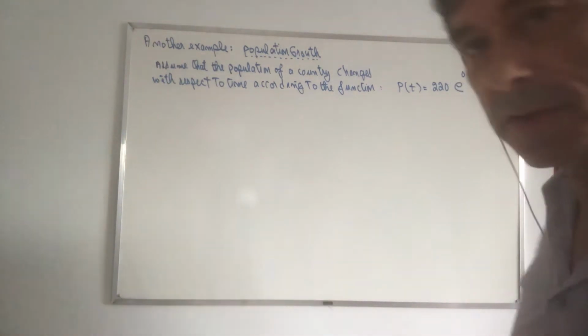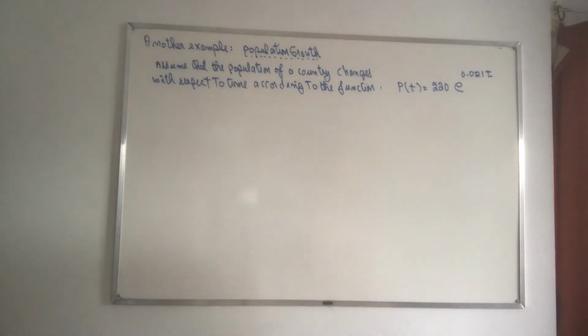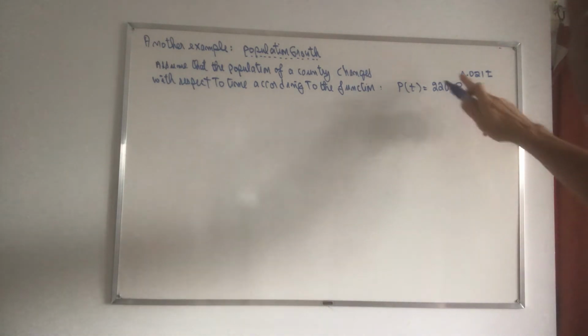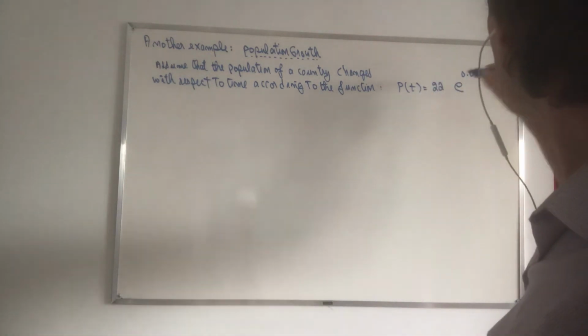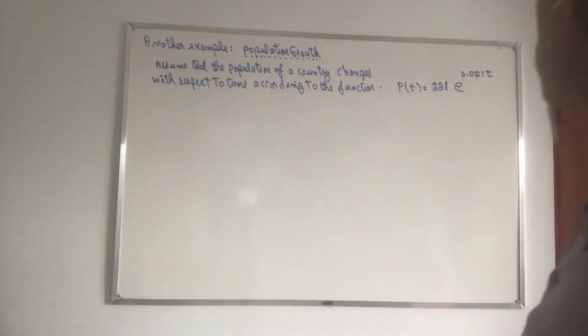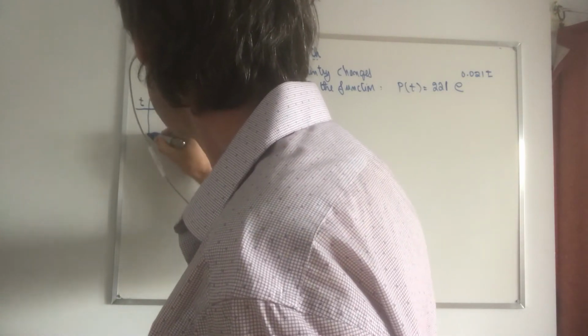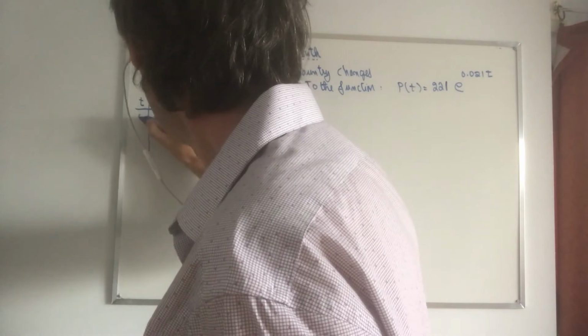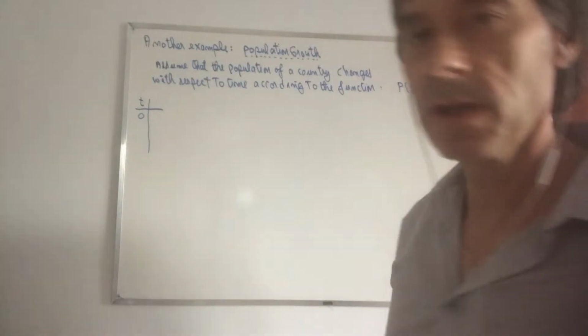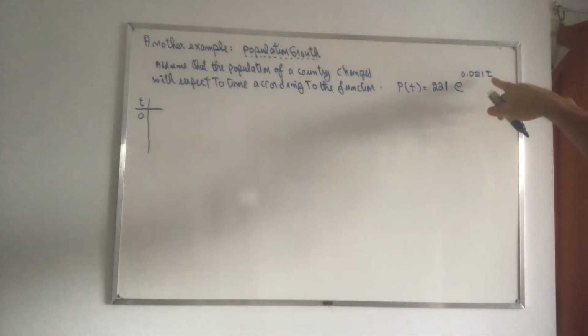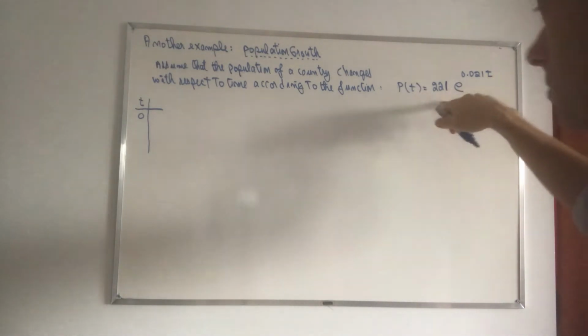Okay, so let's dissect this a little bit and see what it actually means for us. Change the 220 to a 221, my mistake. So when t is 0, let's make a little graph of this. When t is 0, e to the 0 times this is just 221.